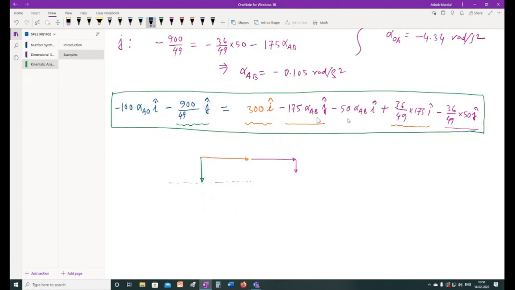In the I direction it is not actually known, but the combination of these two is a vector, and that vector's direction is known to you. Is it not?